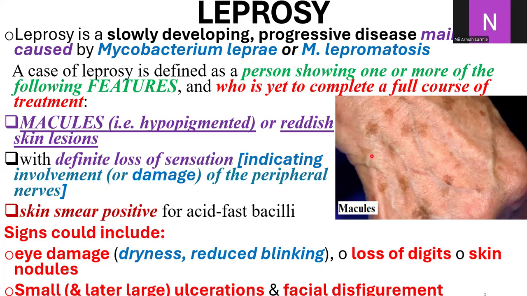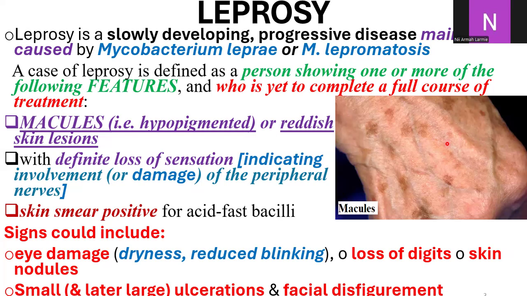In the picture, you can see these. These are macules. Or a patient that has a definite loss of sensation in their peripheral nerves. These two are what is used to define a case of leprosy, the case definition of leprosy.